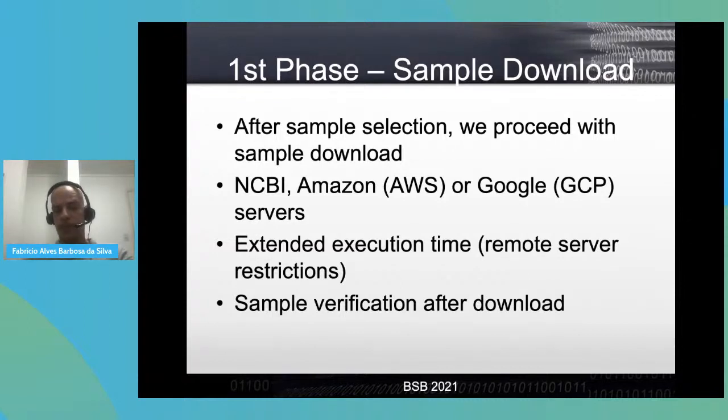But it's something that we're still working on, in the sense that we still have an extended execution time for downloading. So we are now experimenting with some new algorithms to speed up the downloading process. And of course, after downloading, we do sample verification in order to verify if the file was correctly retrieved.